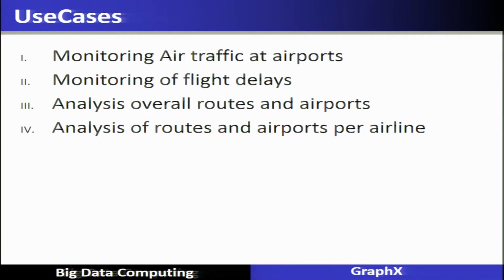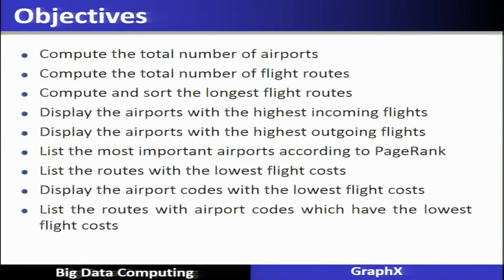This study has use cases such as monitoring air traffic at airports, monitoring flight delays, analysis of overall routes and airports, analysis of routes and airports per airline, and so on.